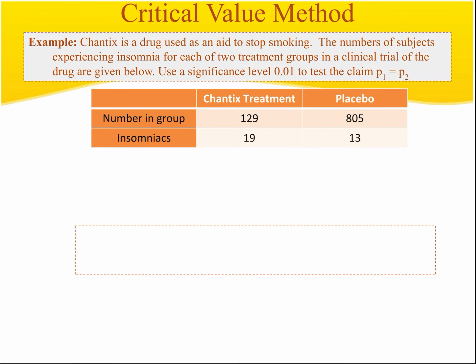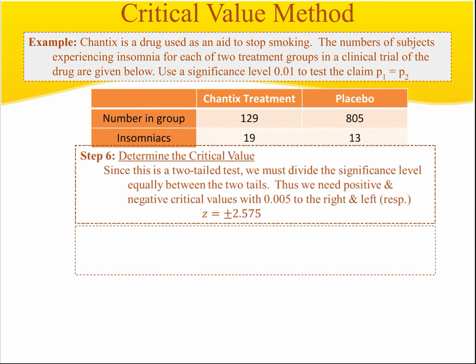Okay, in this problem, we're using the critical value method, so we need to compare that to the critical value from our significance level. So we're going to divide the significance level equally between 2 tails. So we have a 0.01 significance level, which means each tail should have 0.005 in the right and the left.